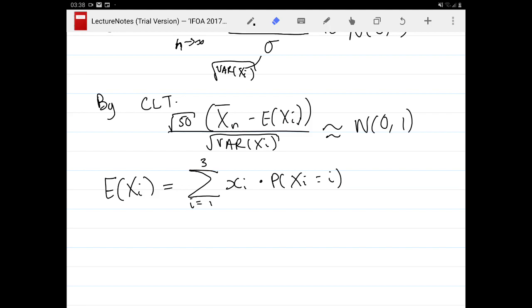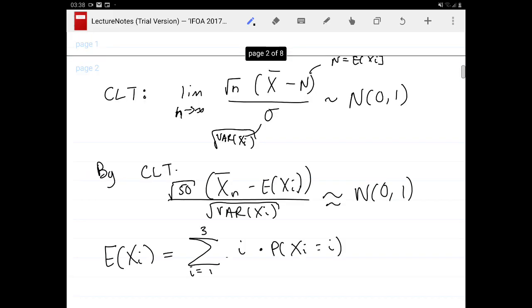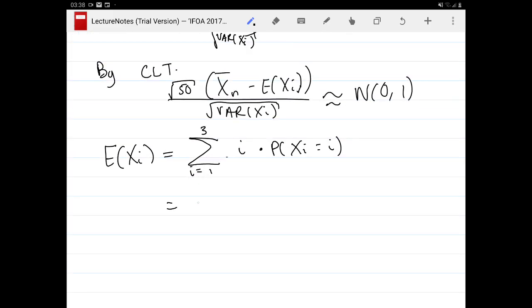So in this case, you take 1 and multiply by the probability that you get 1, add 2 multiplied by the probability that you get 2, add 3 multiplied by the probability that you get 3. So this is just 1 times 0.6 plus 2 times 0.3 plus 3 times 0.1, which, if you work it out, comes out to 1.5.